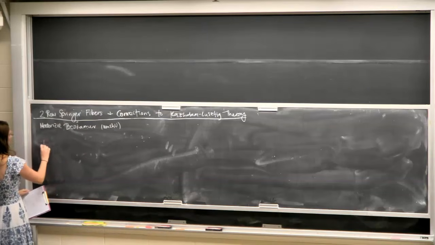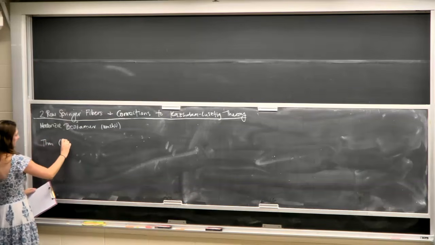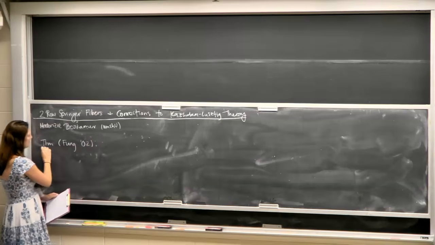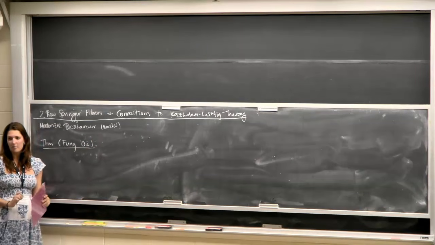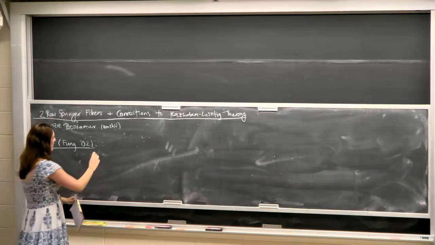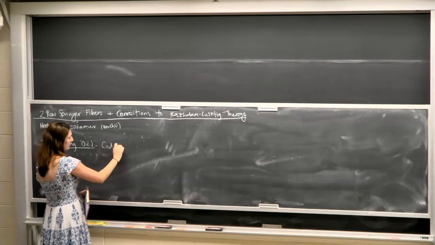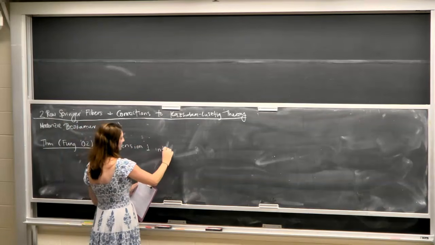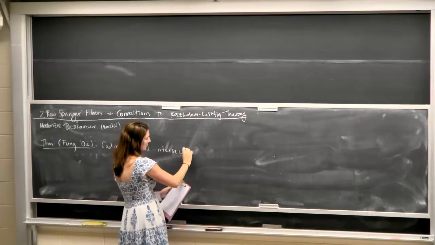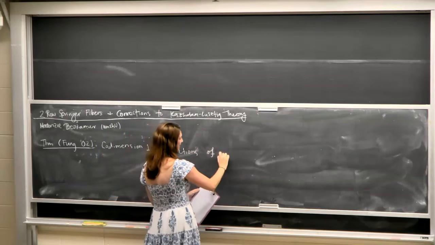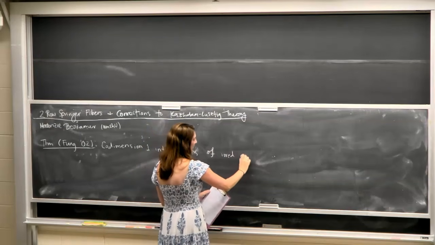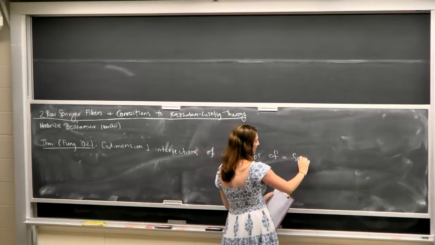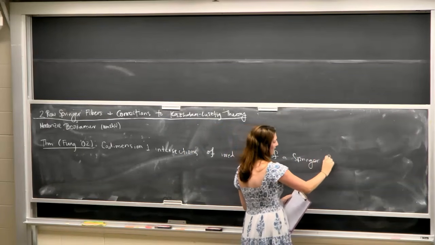I first want to start by stating a theorem. It was conjectured by Kazhdan and Lusztig and then proved by Francis Fung in 2002. It says that codimension 1 intersections of irreducible components of a Springer fiber yield the edges of the Kazhdan-Lusztig left cell W-graph.